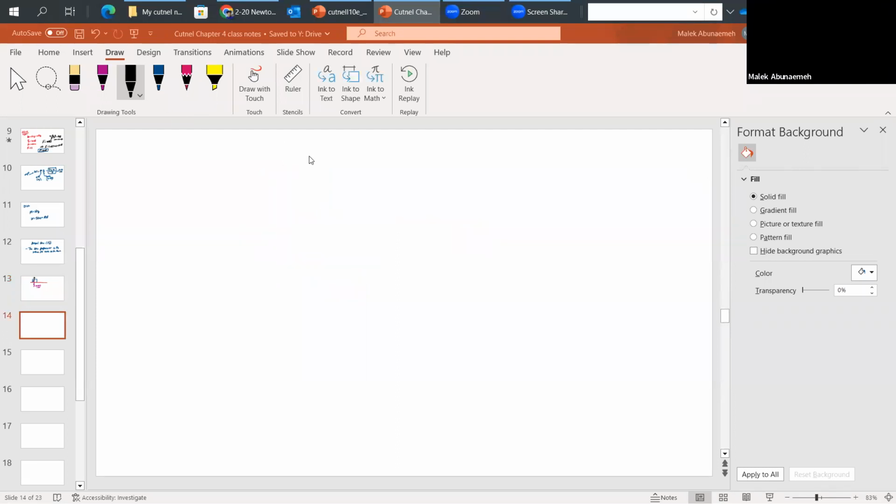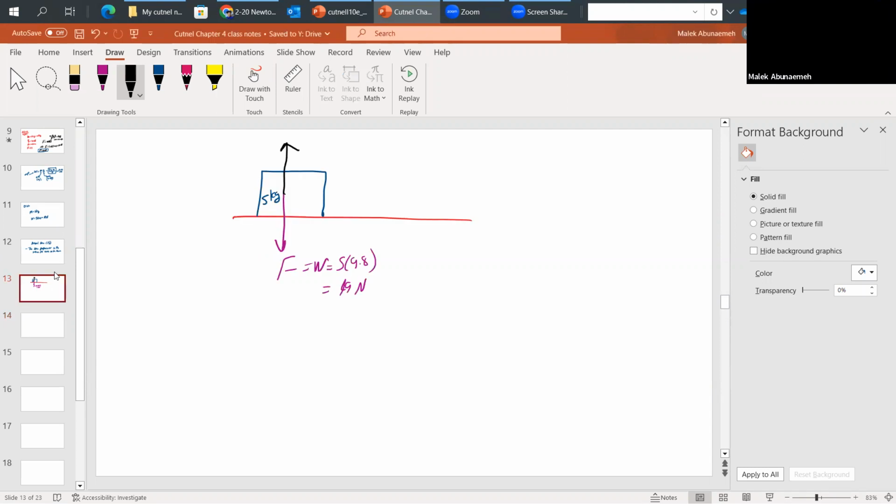Now, this is going to equal 49 newtons, the same value, opposite of your weight.